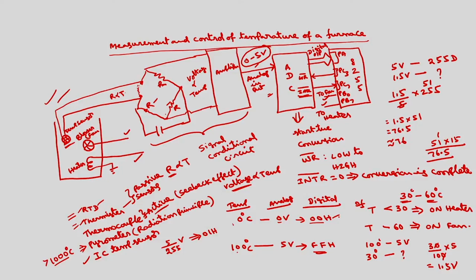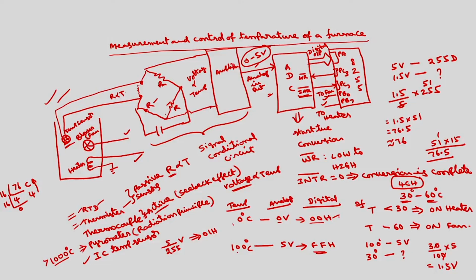So 76 converted into hexadecimal: sixteen 4s are 64, 12 which is C is the remainder, 16 zeros are 0, 4 is the remainder, so 4C. So 30 degrees corresponds to 4CH, because you have to compare these values in the program.